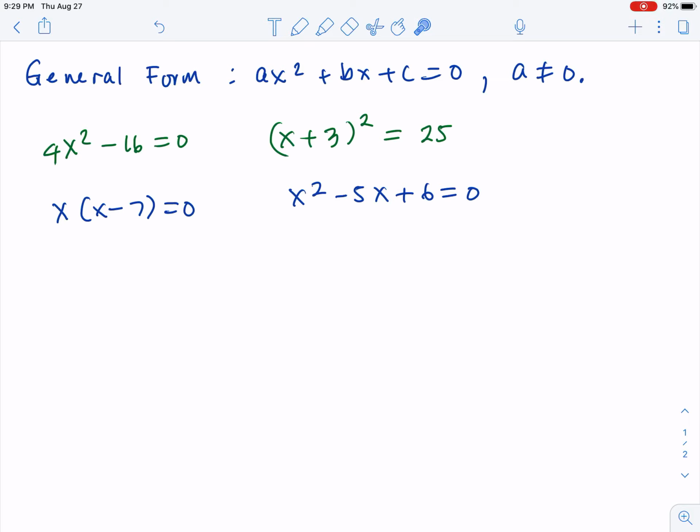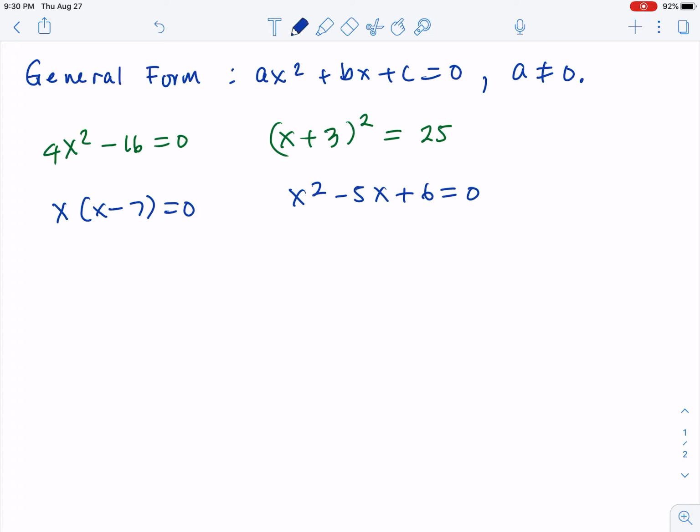And related din siya doon sa lessons natin after ng factoring. After nito, pumunta tayo sa factoring. Tapos after that, completing the square. So related siya sa completing the square at related din siya sa extracting the square root. Alright, so ang hindi pa natin napag-aaralan yung mga ganitong klase ng quadratic equations.